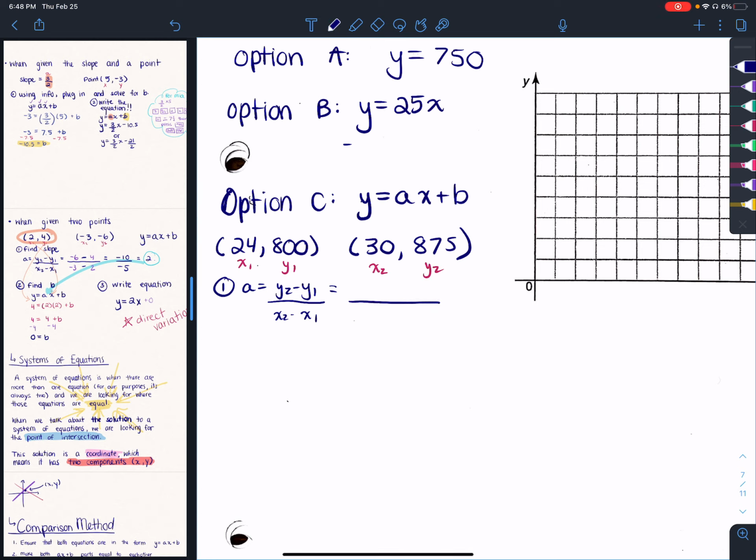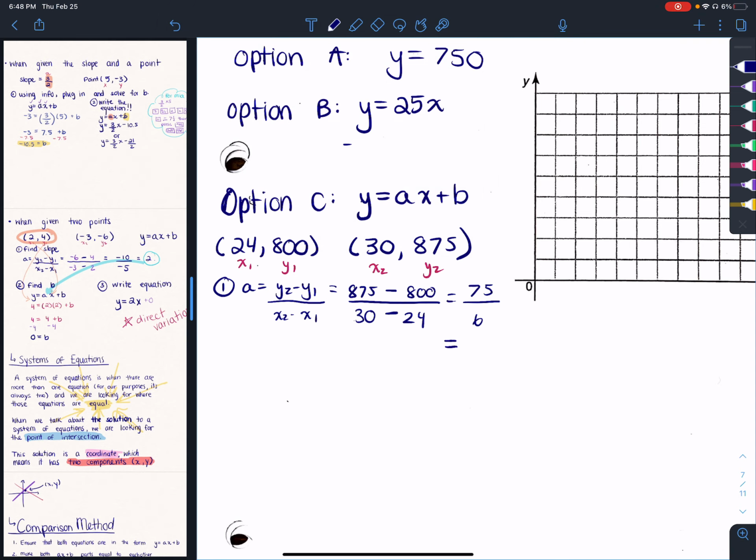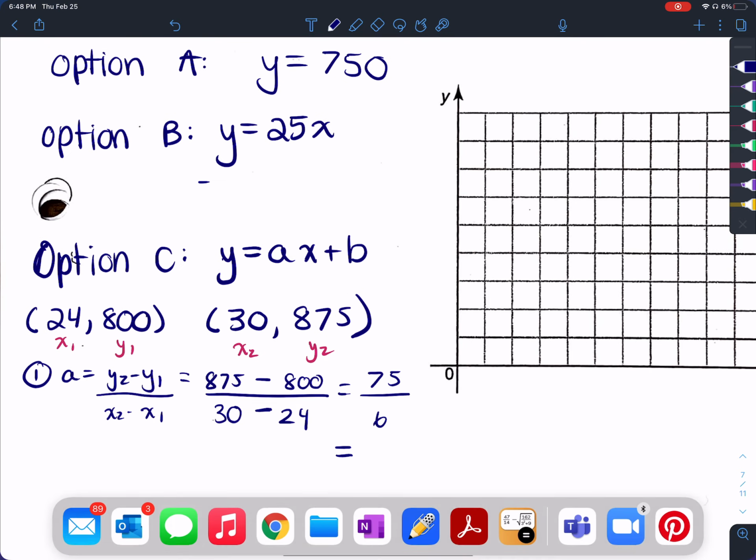We always want to start off by making our fraction line and putting our subtractions, just in case one day we stumble upon a question that has negatives in it. This will make it easier. So 875 minus 800, and then 30 minus 24. So we're going to be left with 75 over 6. And that is not something I know off the top of my head.